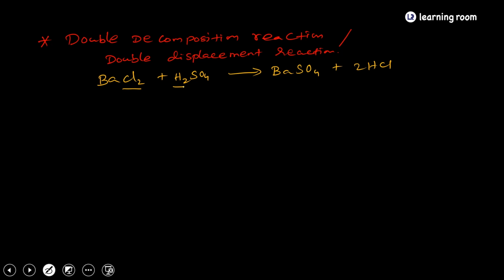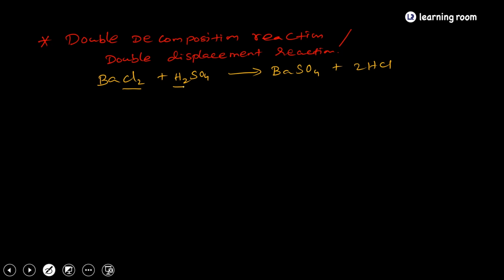Barium chloride is a plain solution. You cannot see any solid particles. In the same way, sulfuric acid is a colorless solution. When you mix two colorless solutions, you get a white precipitate. That white precipitate is nothing but barium sulfate. The other liquid part becomes hydrogen chloride. It will be acidic.